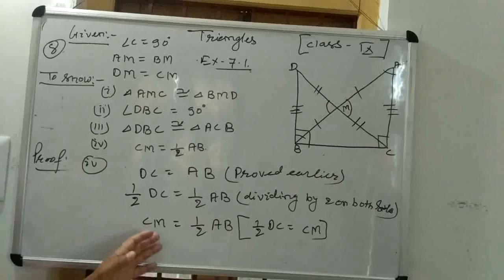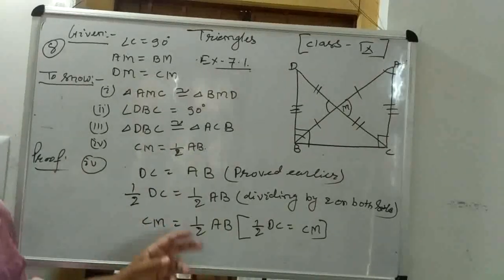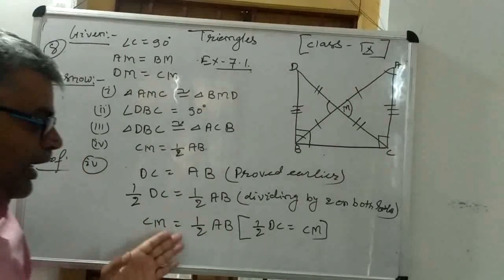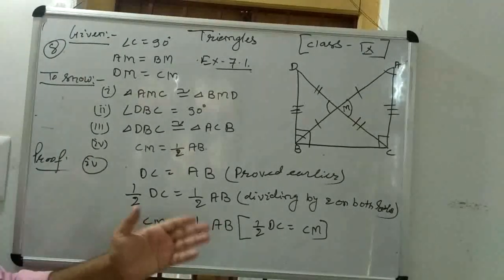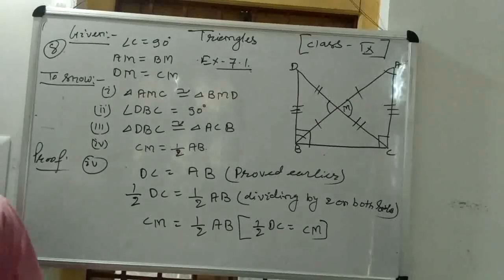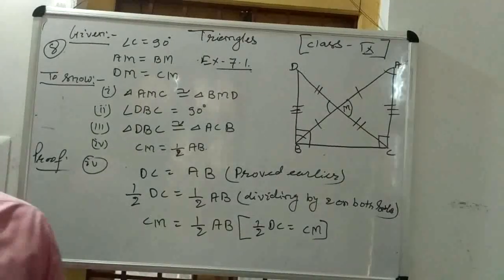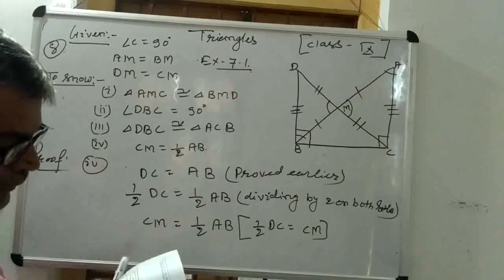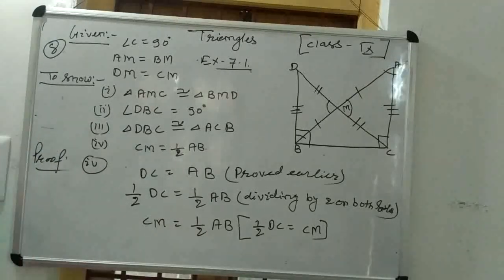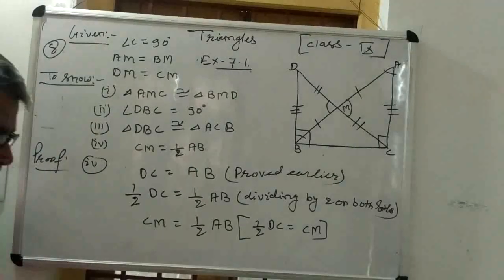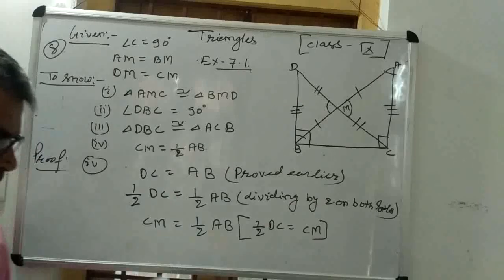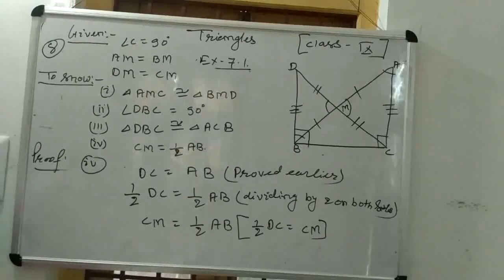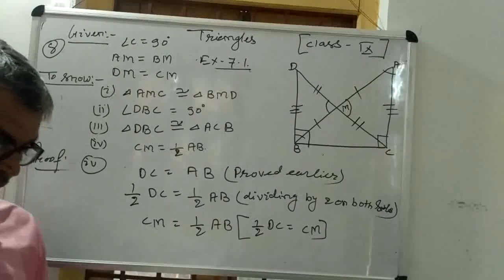In this way we can also prove that CM equals half of AB. So students, in this way this exercise 7.1 has been completed, and now you will solve some more questions of this type to get more command over this.